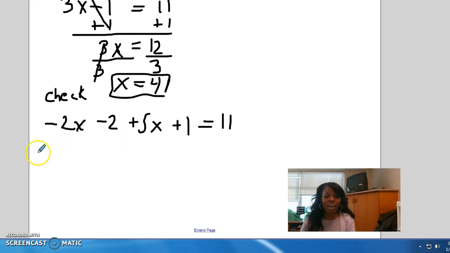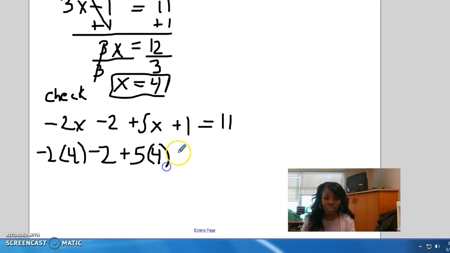Okay, so we have negative 2x, 4 negative 2's. So we're going to plug in 4 for x, minus 2 plus 5 x's. We're going to plug in 4 for x, but now we know that x is 4, so we have 5 4's. Plus 1, does that equal 11?